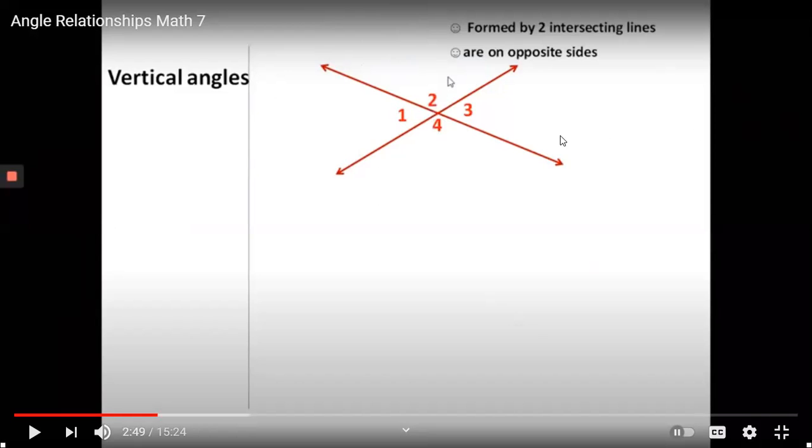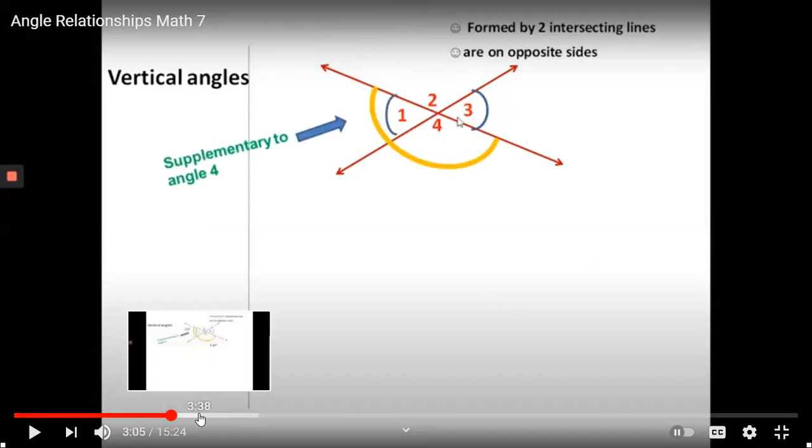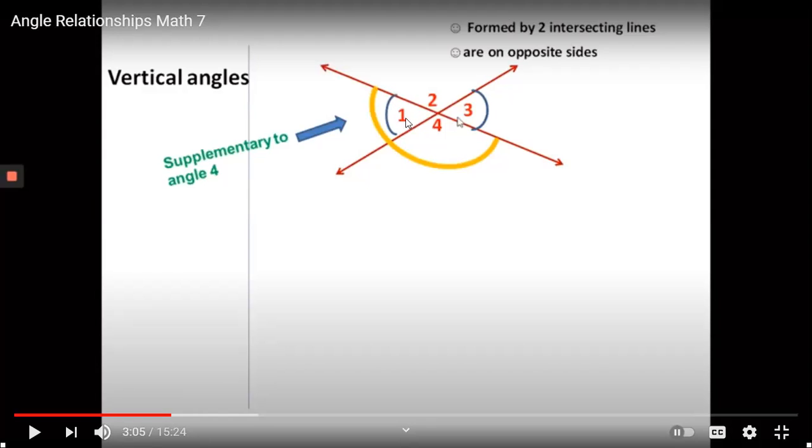Each two opposite angles, like 3 and 1, and 2 and 4, should be equal in measure. When we look at 1 and 4, they lie on the same line, so 1 and 4 are supplementary angles.